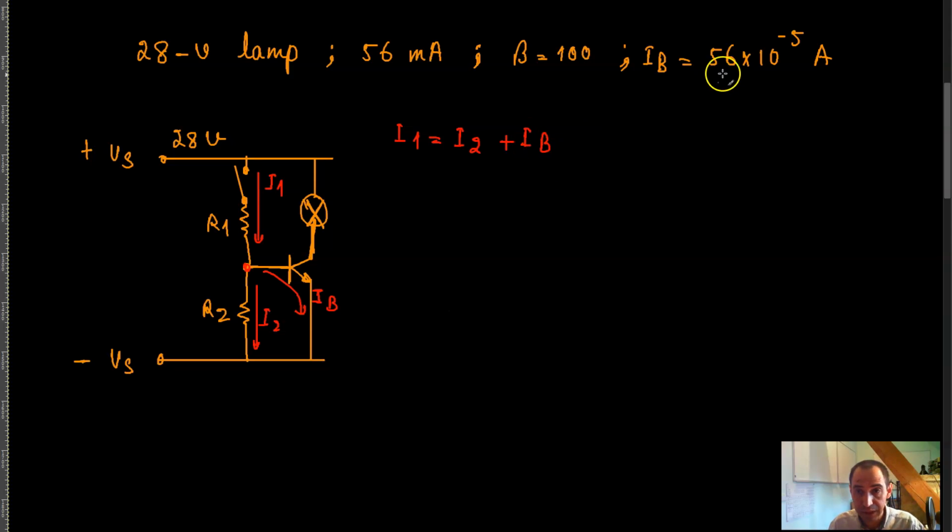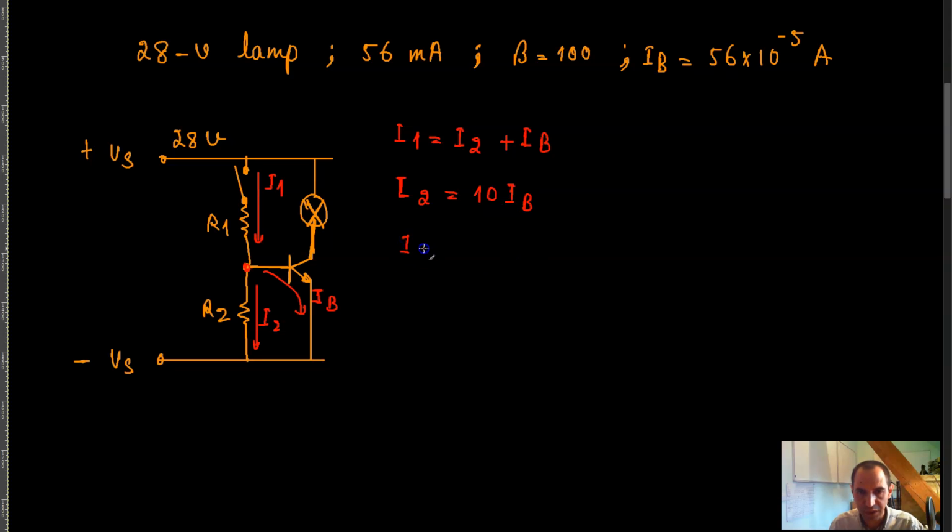Now in order to be able to calculate I_1, I need to know the value of I_2, as you can see based on this equation. And we said that we would arbitrarily set I_2 to 10 times I_B, right?